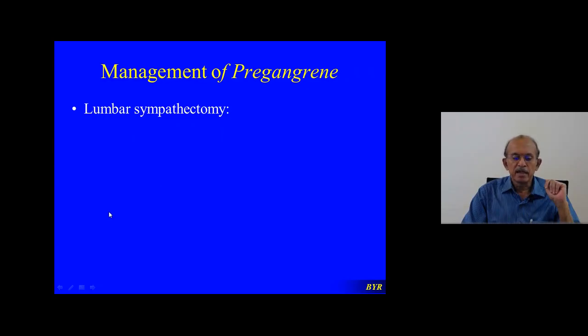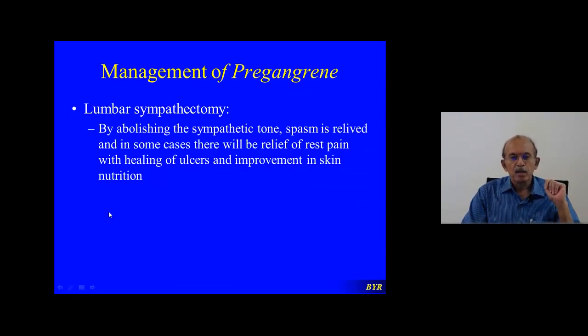In the pregangrene stage, you can advise the patient lumbar sympathectomy, because the sympathetics are the nerves which carry the vasospastic fibers to the vessels. Once you do sympathectomy, the spasm will be relieved, and there will be relief of rest pain with healing of ulcers and improvement in skin nutrition.